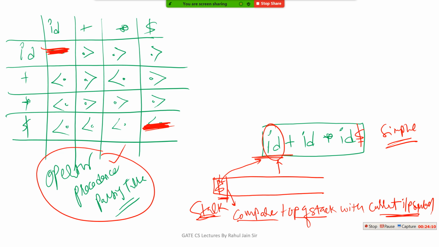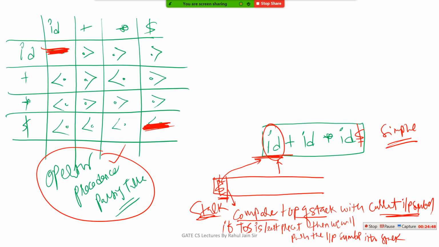If you observe, I am dictating once again: if top of stack is less precedence, then we will push the input symbol into the stack. It means I will compare this dollar with ID.